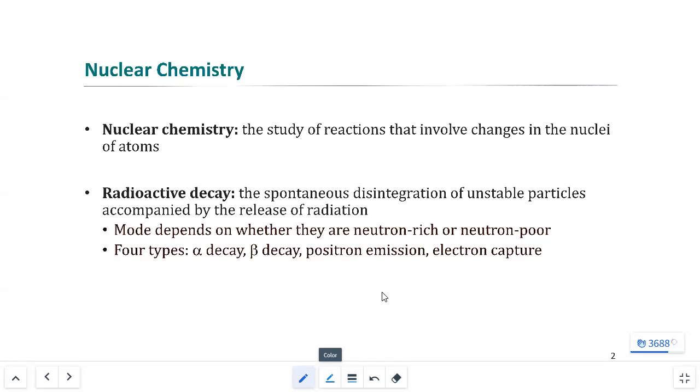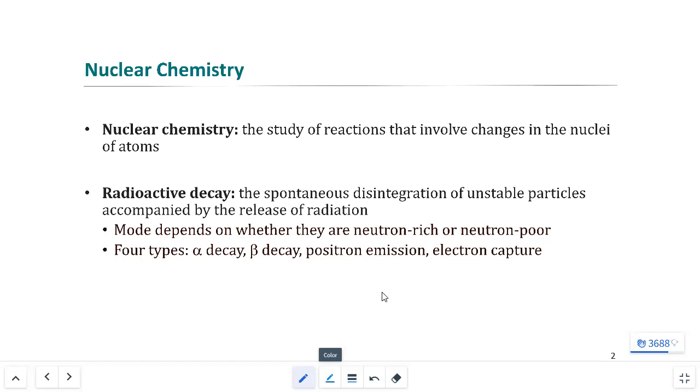So one of the principles that we've always held in this class is that, generally speaking, chemical reactions or any kind of reaction, any kind of change happens because it is going to overall lower the energy, increase the stability of the substances that we're examining. Well, nuclear is no different.